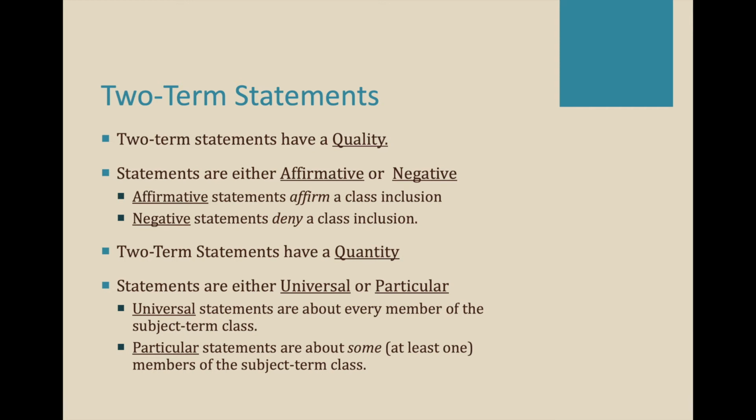That includes being able to analyze the quality and the quantity of each of those statements, right? So every two-term statement has a quality, affirmative or negative, and a quantity, universal or particular. And this will become clearer as we go through some examples in a few moments.